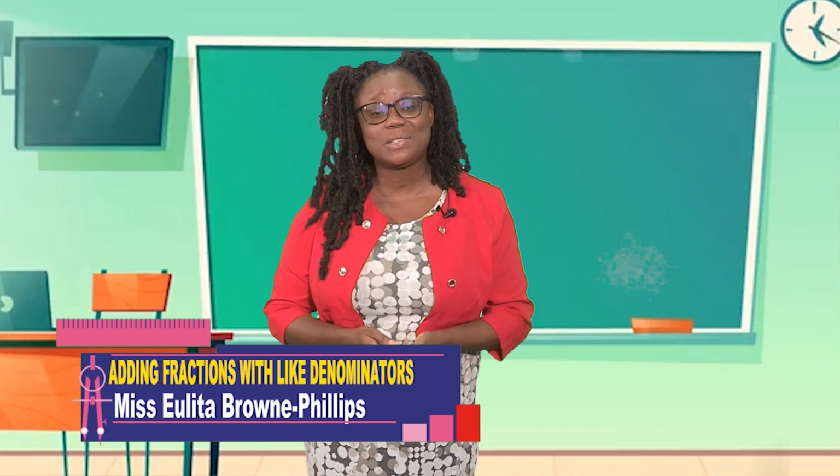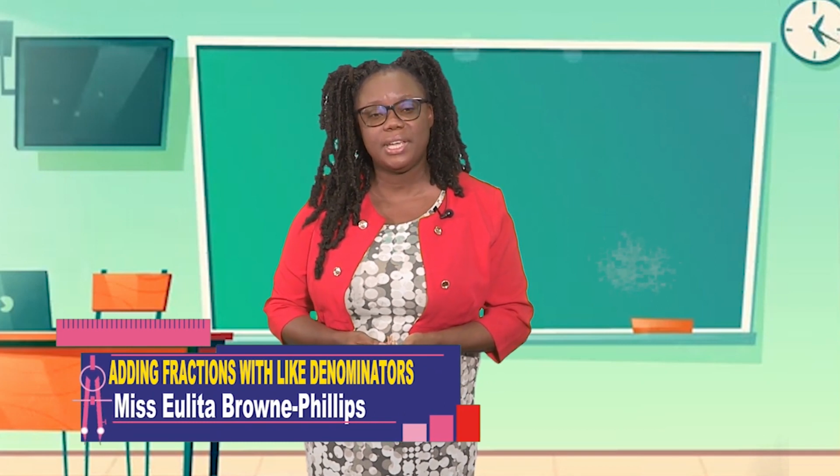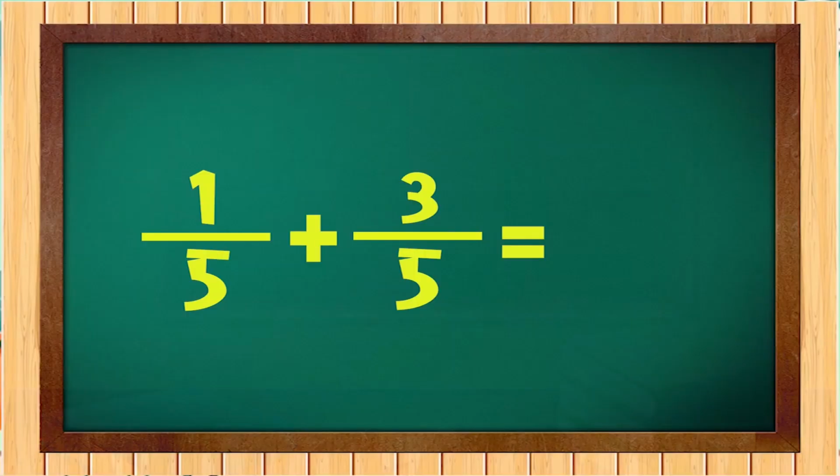Boys and girls, let's quickly examine 3 examples. Our first example, 1/5 plus 3/5. Do you notice the denominators are the same? Yes, they are like. So we said in the rules previously that we never add the denominators, we only add the numerators and replace the common denominator.